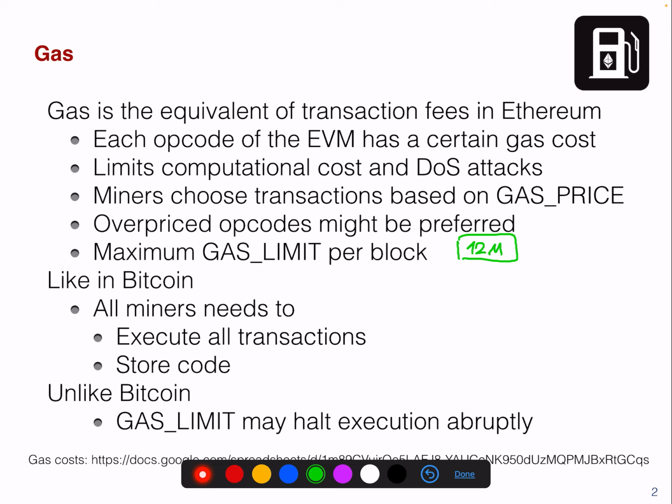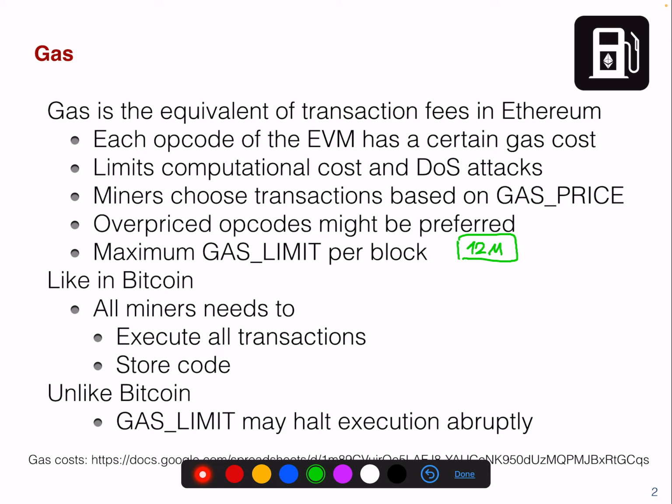Like in Bitcoin, all miners need to execute all transactions, right? You cannot skip verifying parts of the block and broadcast it, or you might run into troubles later on. And all miners need to store the code as well. But unlike Bitcoin, there's a gas limit that may halt execution abruptly. In Bitcoin, a transaction is either valid or not valid.